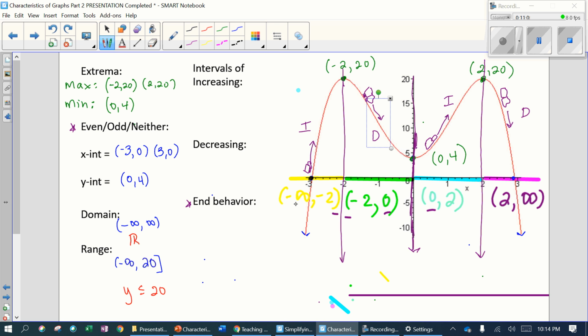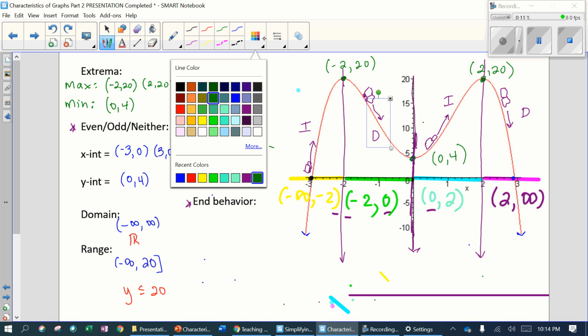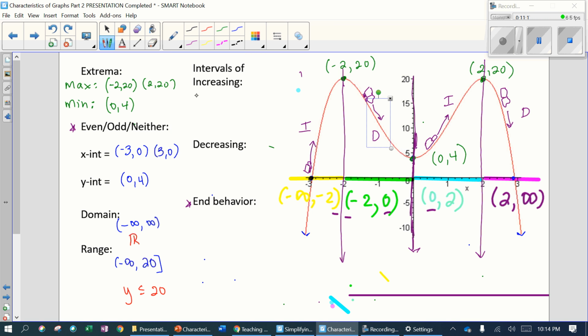So increasing, the first interval for increasing was from -infinity up to -2. So -infinity to -2 and from 0 to 2. Decreasing was the green one, -2 to 0 and 2 to infinity.